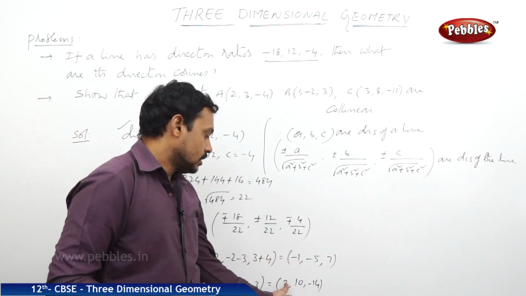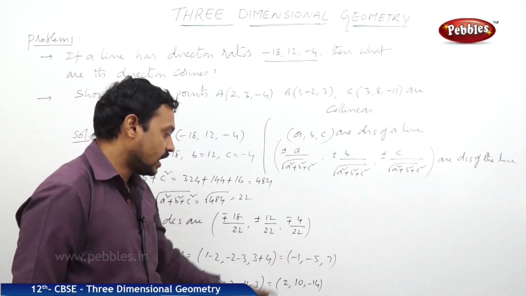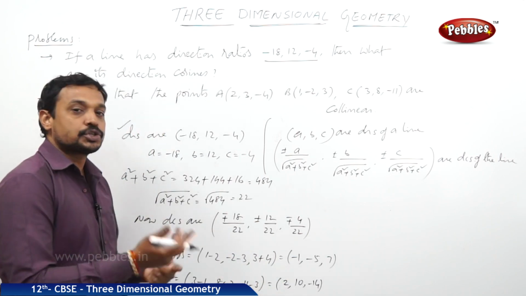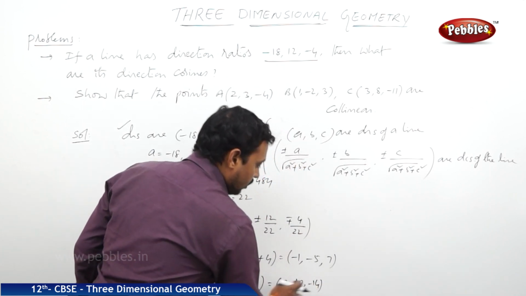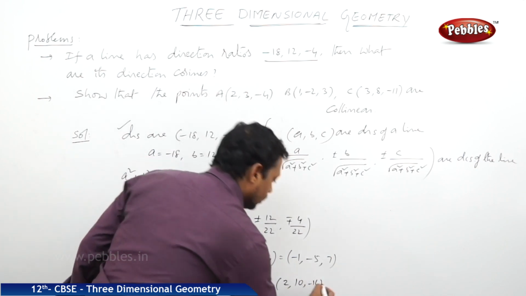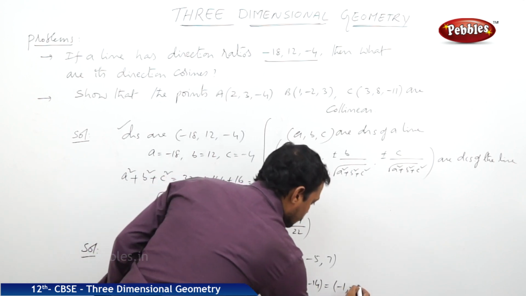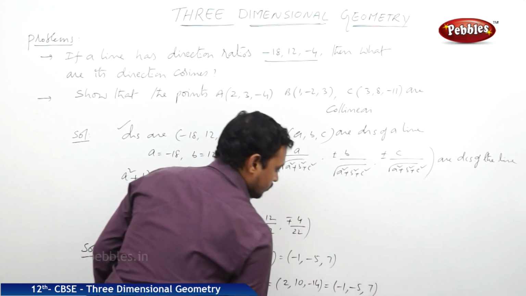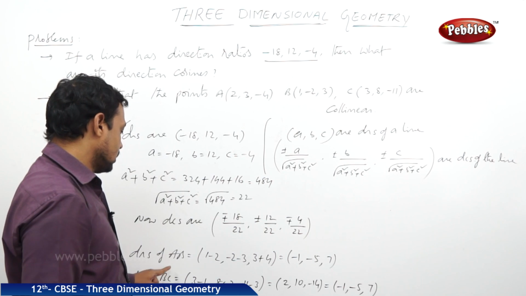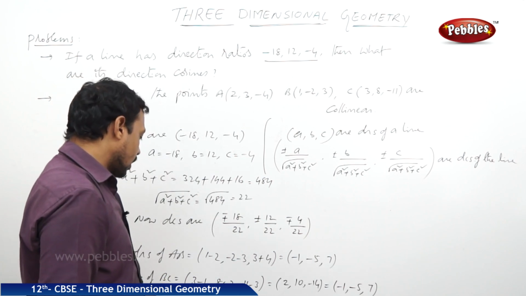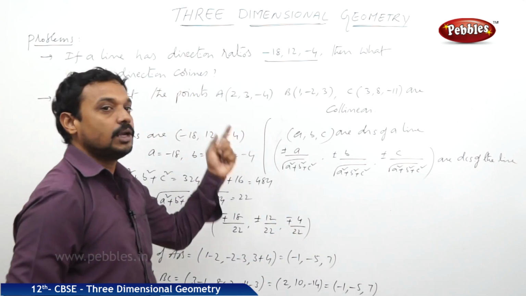Directly they are not equal, but direction ratios are always proportionate values. So here, the direction ratios are 2, 10, minus 14. When dividing by minus 2, it becomes minus 1, minus 5, 7. So the direction ratios in both cases are the same. Hence, AB is either parallel or collinear with BC. Therefore, A, B, C are collinear. So finally, the given 3 points are collinear.